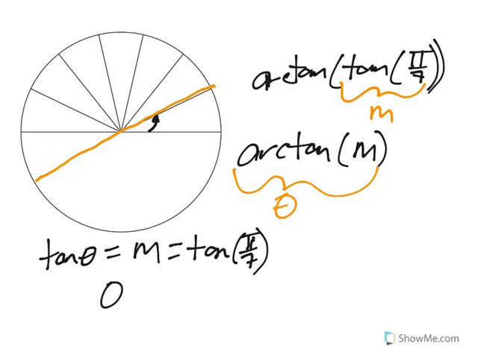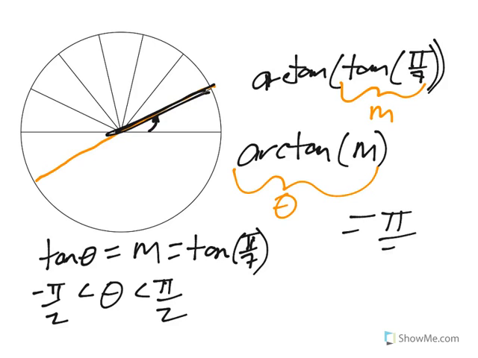But the other property is this theta is between -π/2 and π/2. Wait a minute, π/7 is the only angle between -π/2 and π/2 that has that slope m, whatever it is. I don't need to know what it is to know that π/7 is the angle that we're looking for here.